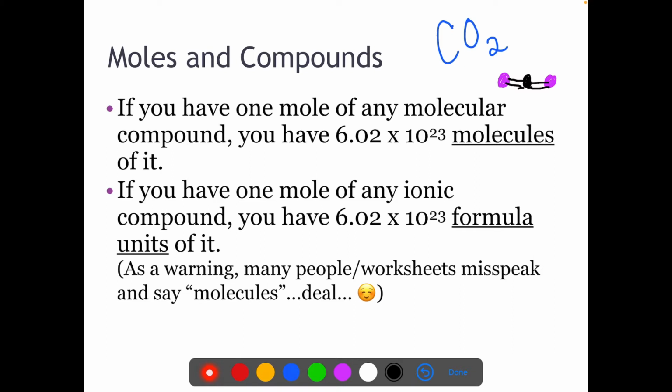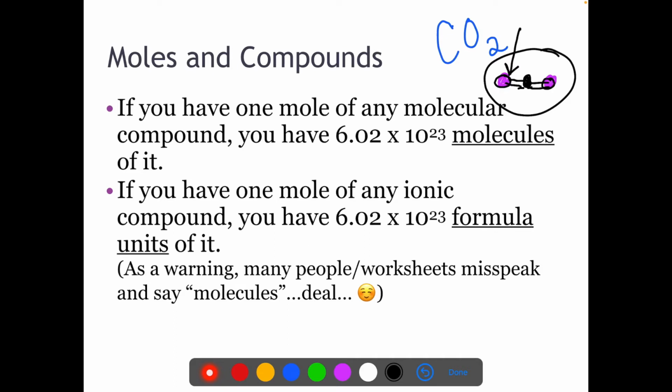So again, if you have 1 mole of those, you have 6.02 times 10 to the 23rd of these. By the way, that would mean you'd have 6.02 times 10 to the 23rd times 2 atoms of oxygen because you'll have twice as much.